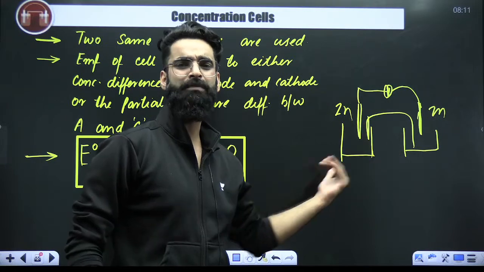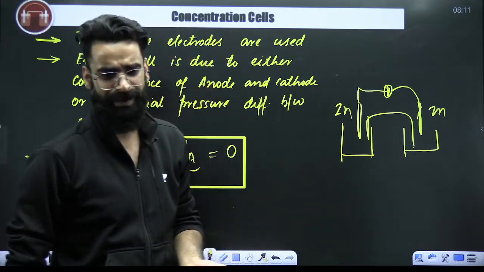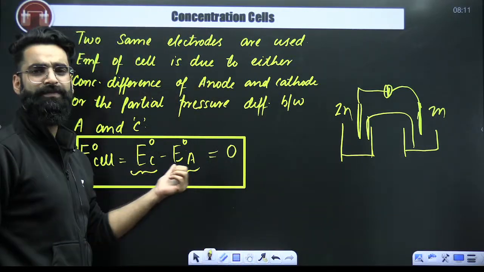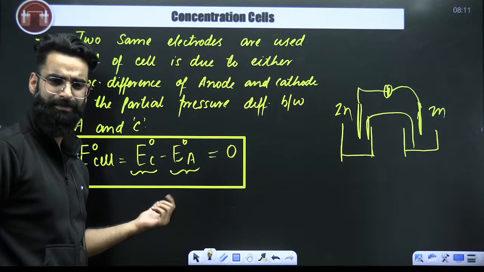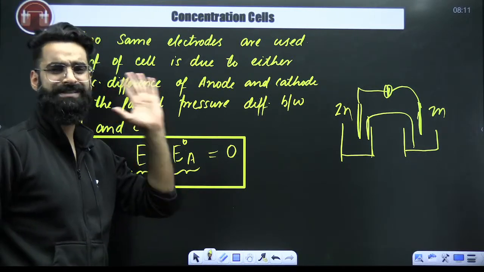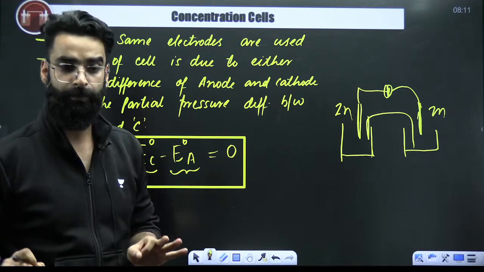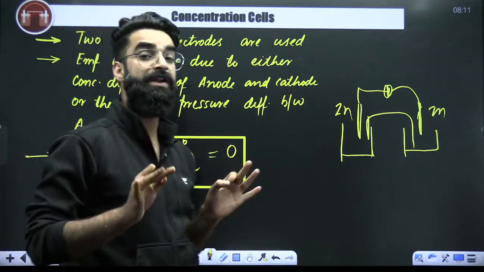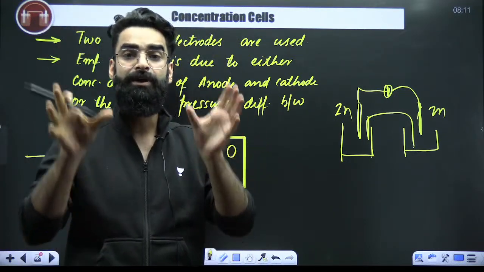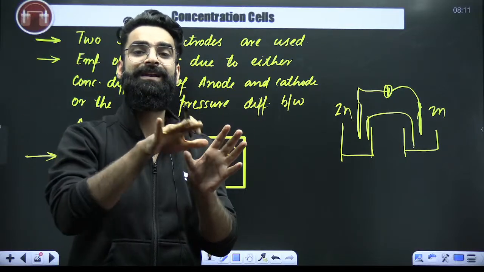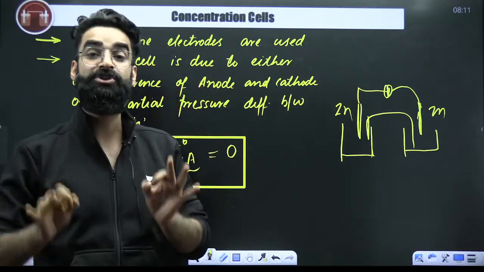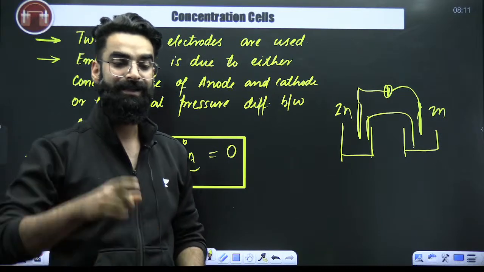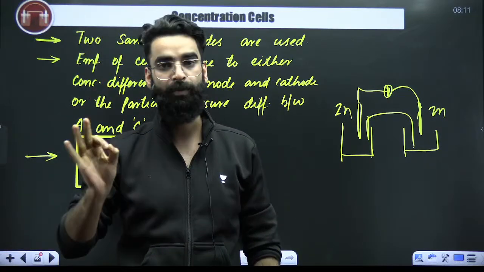Cathode and anode are both zinc electrodes, their SRP value is the same, so E naught cell will be equal to 0. So from now onwards, whenever you see two same electrodes connected externally and internally, the first point which should come into your mind is that the E naught cell value will be equal to 0.